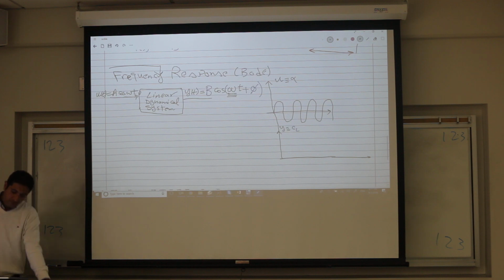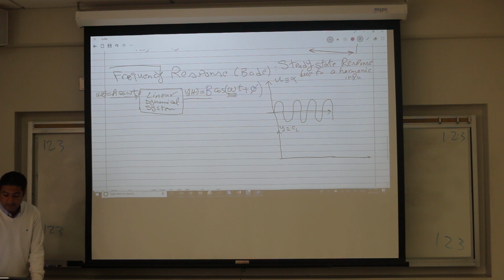In the frequency response, in contrast to the step response, we are interested in the steady state. So the frequency response is the steady state response due to a harmonic input.